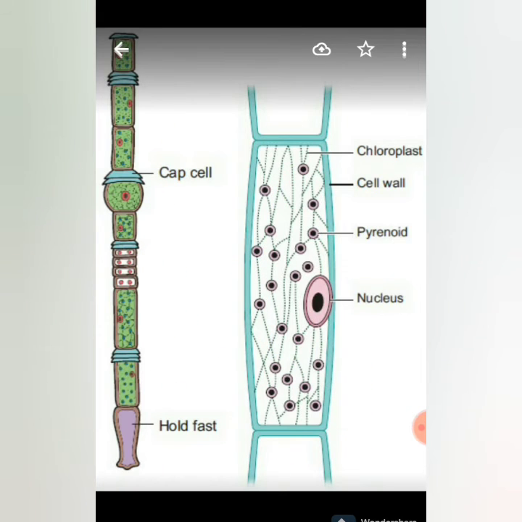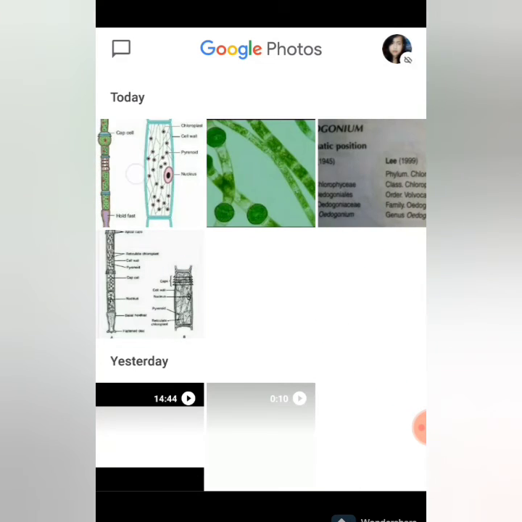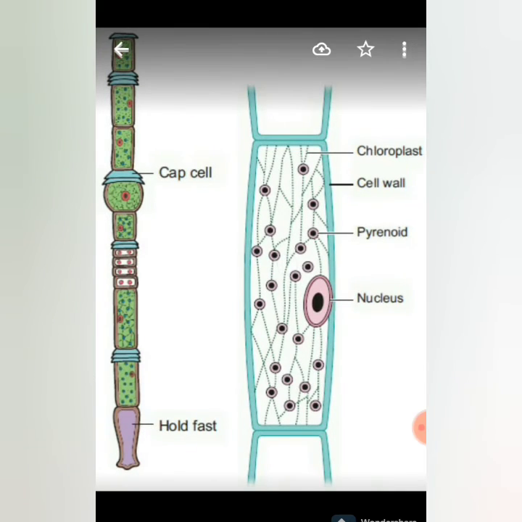Now, let us study the protoplast. What is there inside the cell here? The protoplast consists of cytoplasm, chloroplast, nucleus, and pyrenoid.